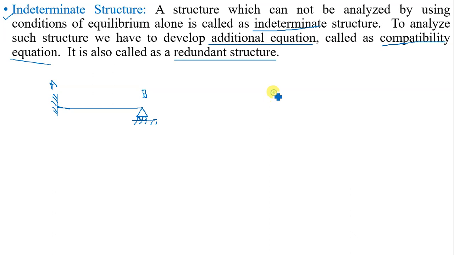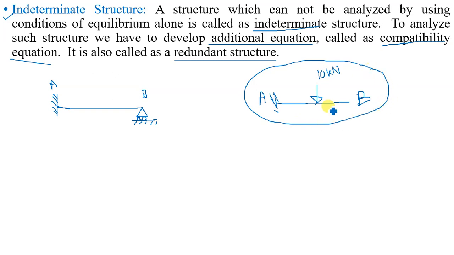Now if I give you a simple cantilever AB carrying some load, say 10 kilonewton, and if I ask you to find the support reactions, easily you can calculate them, and you can plot SFD and BMD. So this can be analyzed using conditions of equilibrium alone.